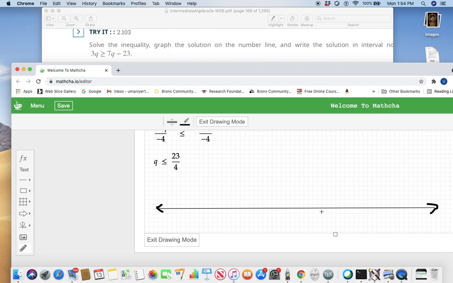Alright, so somewhere here is 23 over 4. This point is included. So it's a filled in point. Q is less than or equal to.